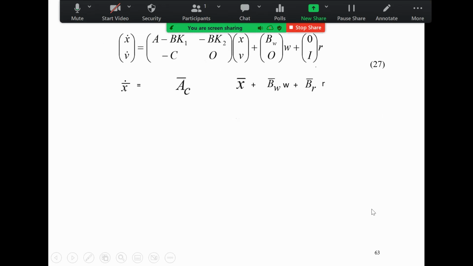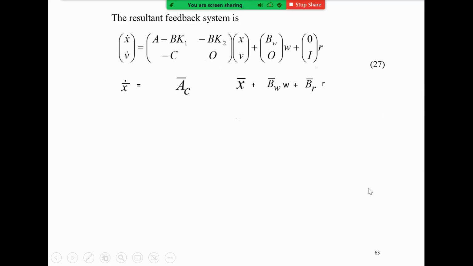So let's plug in the feedback controller. In this closed loop, there is no more U, because U equals minus K times X bar. We have this one, but we know I choose my K1, K2 such that this matrix A bar C will be stable.